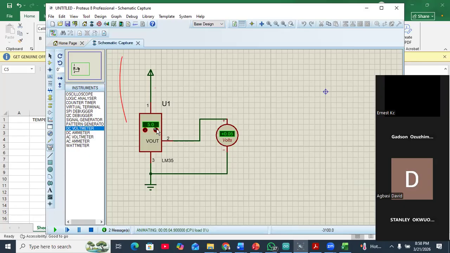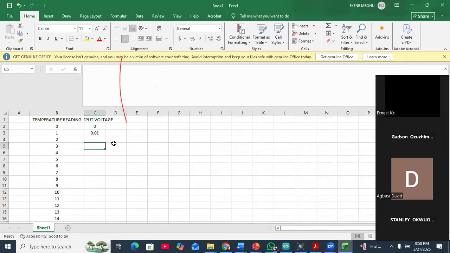So we can already see a pattern: this LM35 temperature sensor is linear. So we can see a pattern there. 0.02.